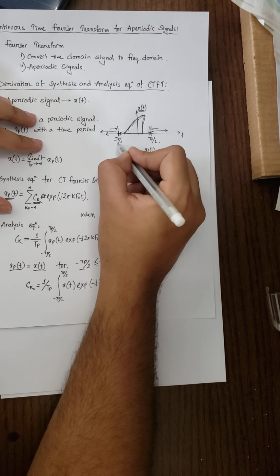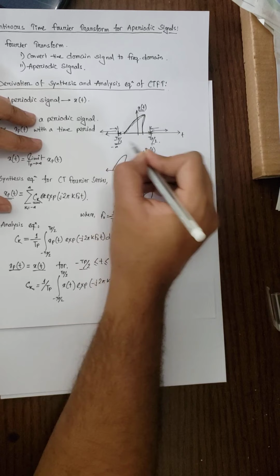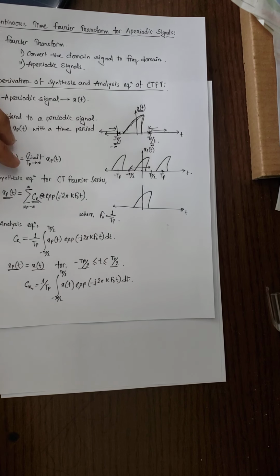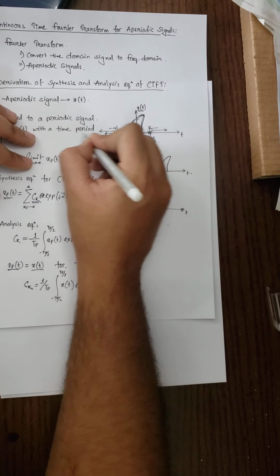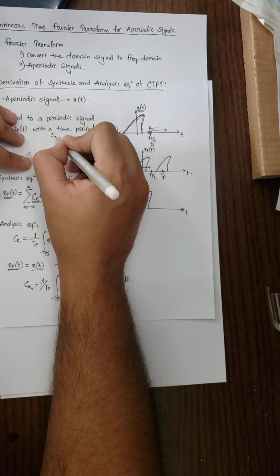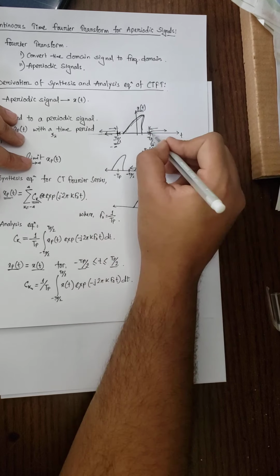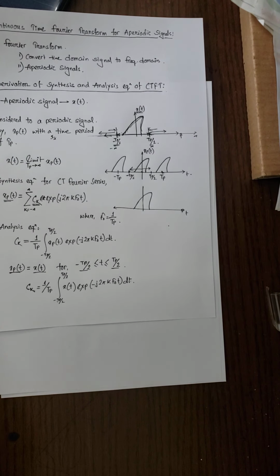Hence, if we change this limit to negative infinity to infinity, the value doesn't change because we only get this part. If we extend this to negative infinity, there is no value of x of t over here. And similarly on this side, there is also no value of x of t for positive infinity.